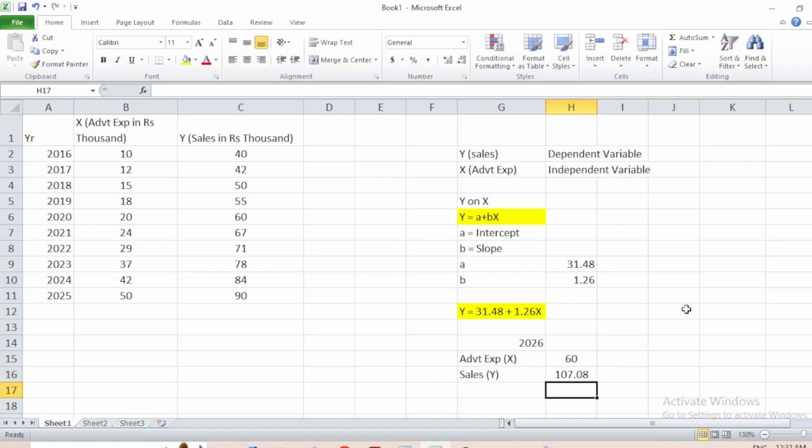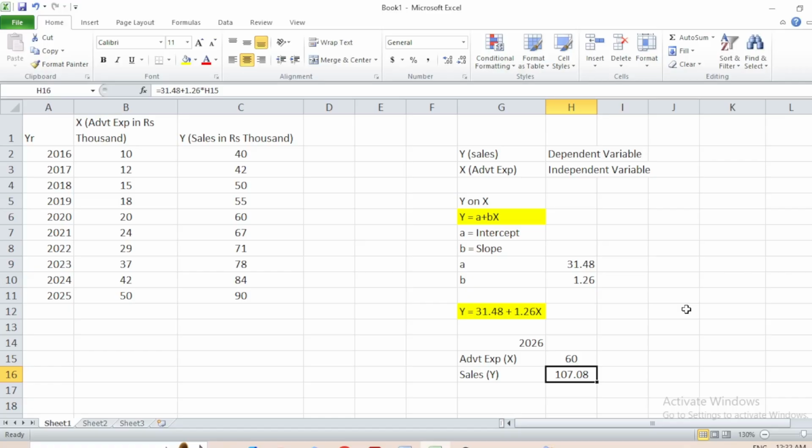When we press enter, that would mean if we are spending 60,000 on advertisement expenditure, we would be able to generate a revenue of 1,07,800 rupees.